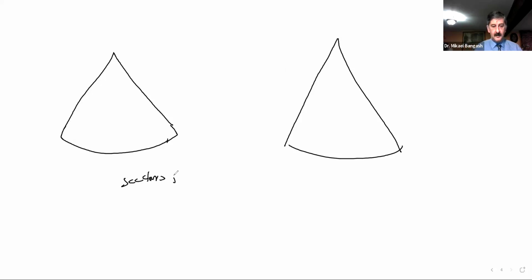So the sector sizes are equal. We can even say the depth of our image is equal. We can even say that the line density is the same.